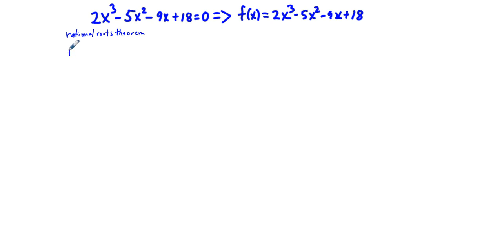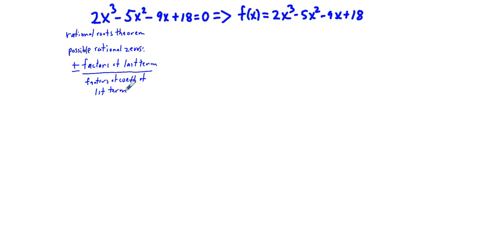The possible rational roots or rational zeros are equal to plus or minus factors of the last term over factors of the coefficient of the first term.